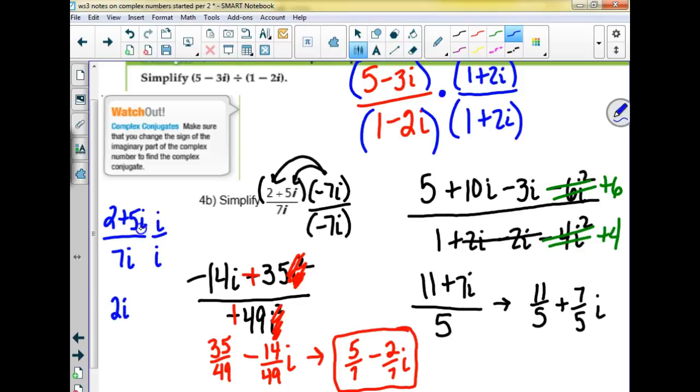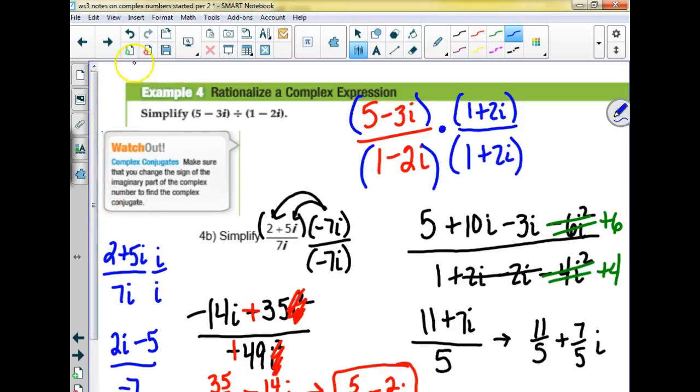You'd get 2i plus 5i squared, which would be a negative 5, all over 7i squared, which would be a negative 7. And that's equivalent to this, because a negative over negative is positive 5/7. So if it just has something with an i in the denominator, you can just multiply top and bottom by i, otherwise it's going to reduce. But if it has a real part to the complex number, then you have to do the whole conjugate.